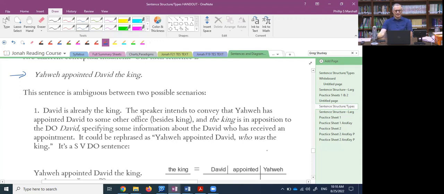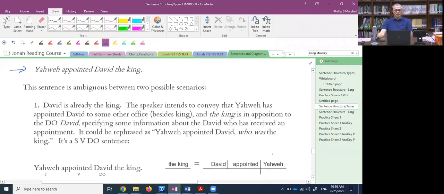And the king then is in apposition to the direct object, David. And what it's doing is specifying some additional information about David who has received some appointment. So it could be rephrased as Yahweh appointed David, who was the king, or Yahweh appointed David, namely the king.